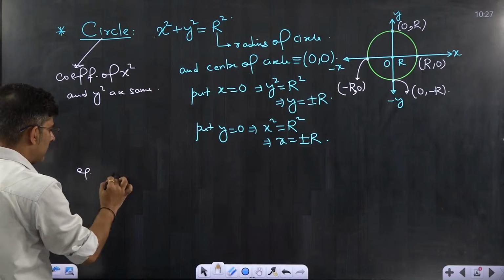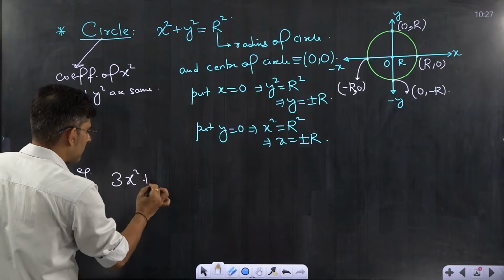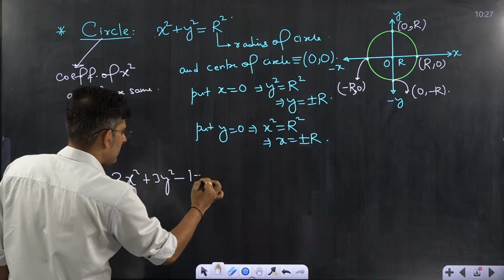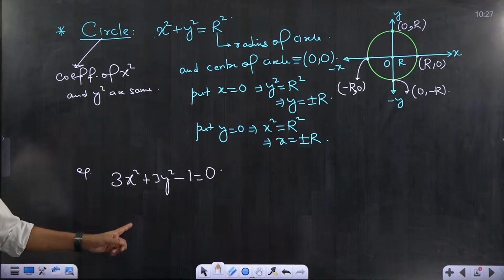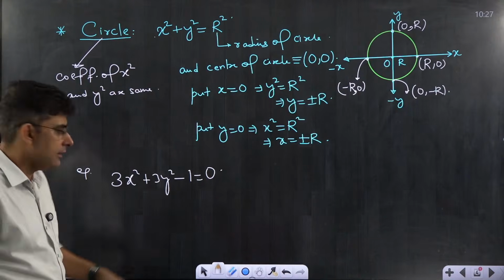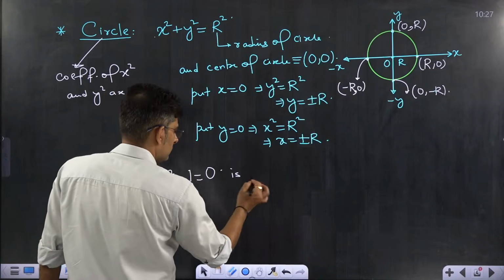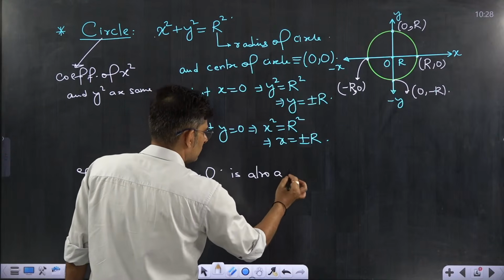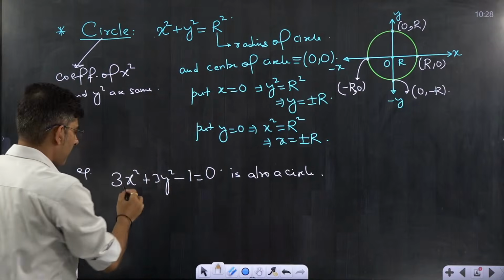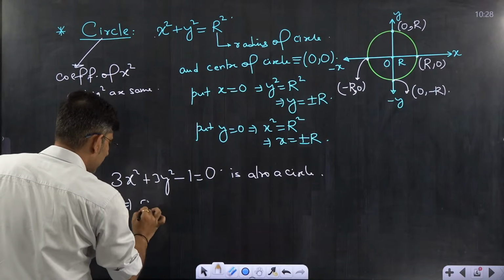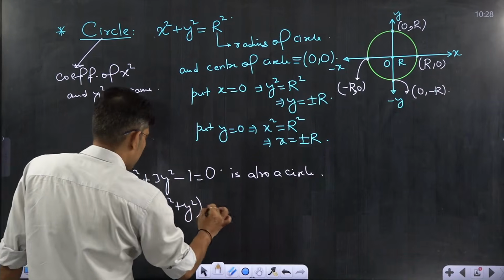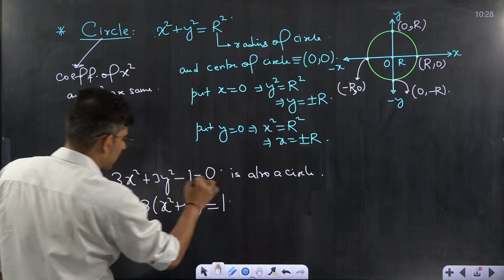Example, sometimes I can give you like this also, say 3x square plus 3y square minus 1 is equal to 0. This is also a circle. Why? First of all, you have to bring it in this form. What we can do from here, you can take 3 common, x square plus y square, and minus 1 you can take on the other side, becomes plus 1.